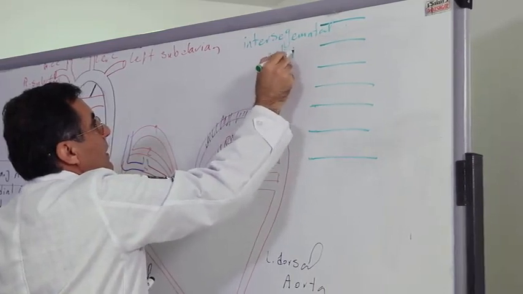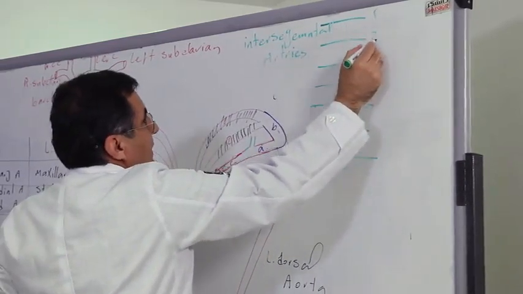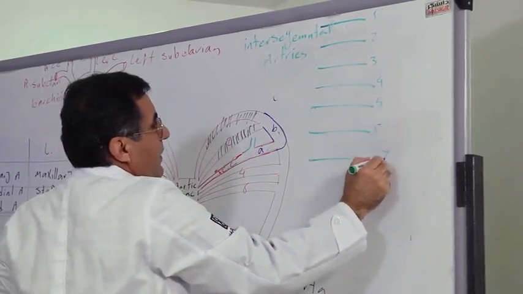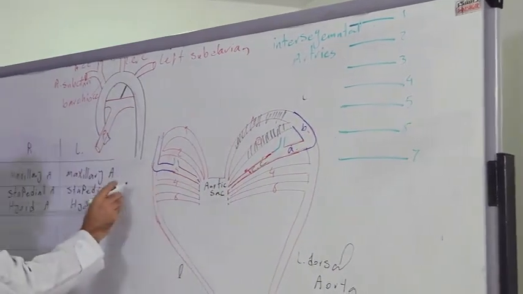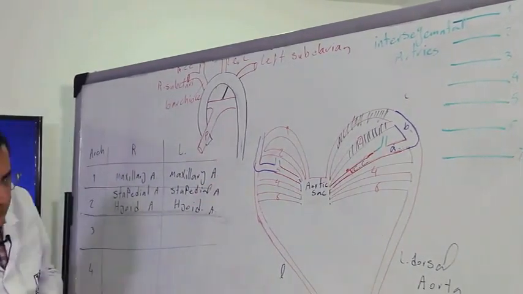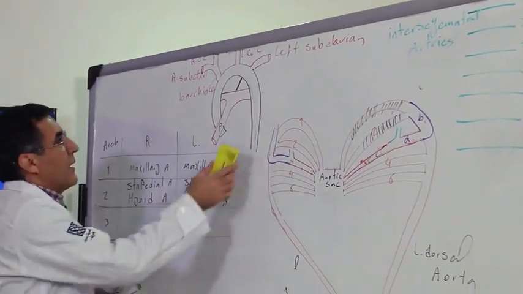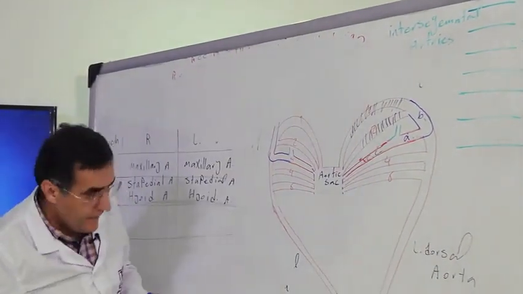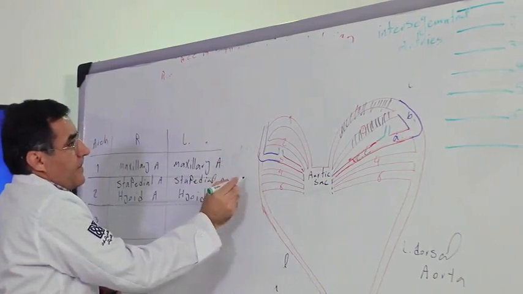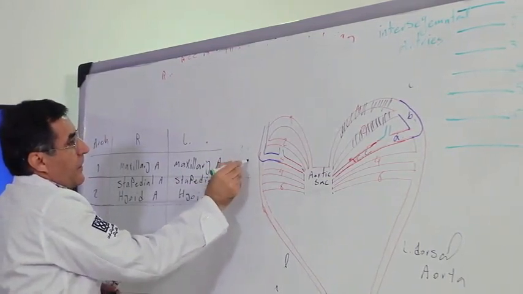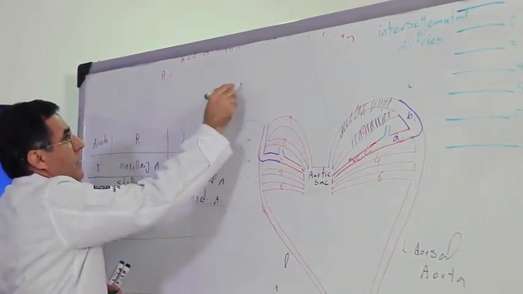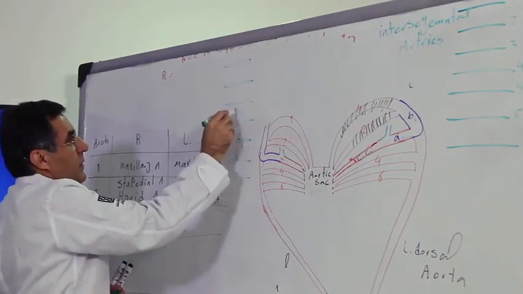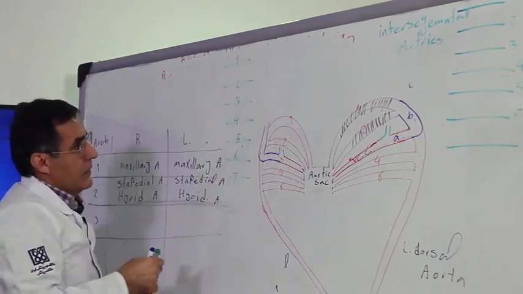We had 7 intersegmental arteries on both sides. I have to clean these pictures and I'll draw here, on both sides.